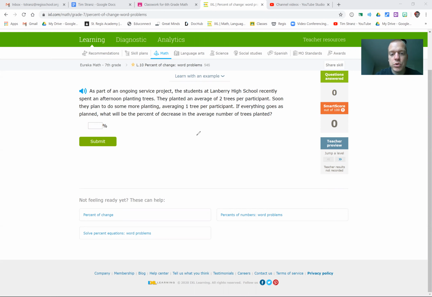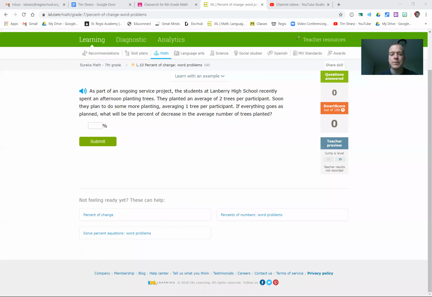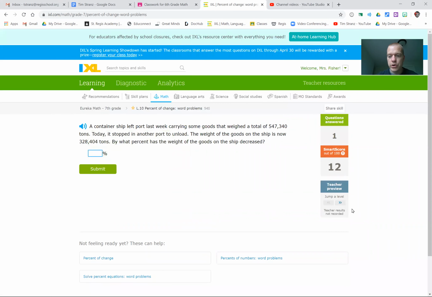They went from 2 and they're going to go down to 1, which is a difference of 1 over, what's the original number? 2. So they're going down by 1 divided by 2 is 0.5, which equals 50%, right? So you're doing the exact same thing, but they're just in word problems this time. Let's try a harder one.